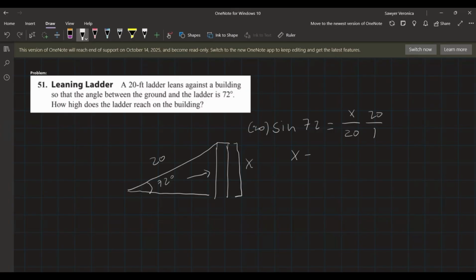So x is equal to 20 sine 72. And just plug this in again. 20 sine 72. This is equal to approximately 19.02 feet. And this is your answer.